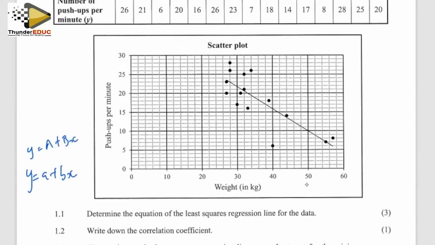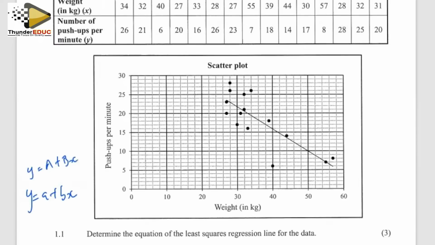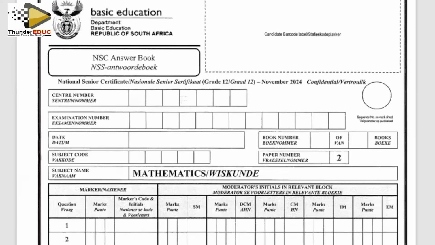All we need to do is use our calculators and look for the mode of the 2 var, and then punch in these values. Having done that, here are the values that I obtained for A.